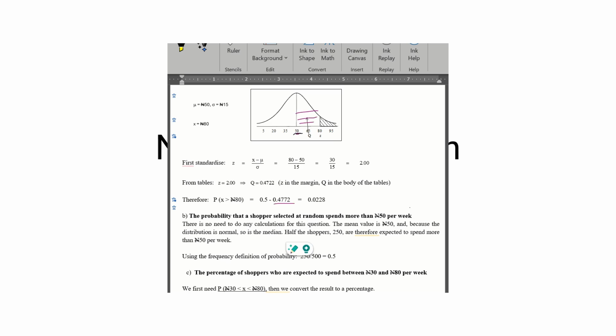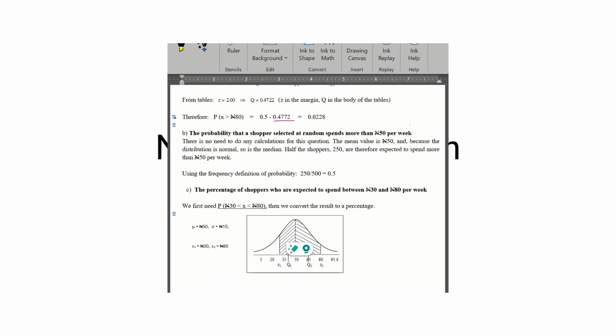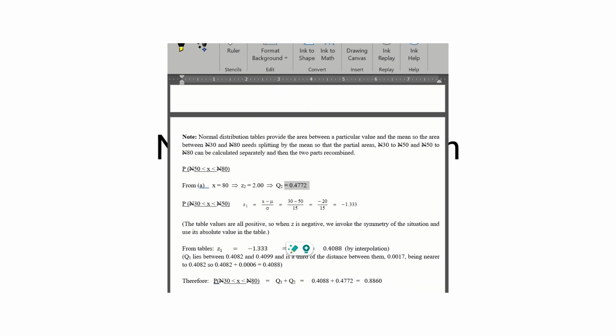So how do we treat that? If we want to do this, we can do what they call interpolation. How do you go about it? The z that we got is minus 1.333, and if we are to interpolate, from the table we got 0.4082 under 1.33, but there's an additional 3.